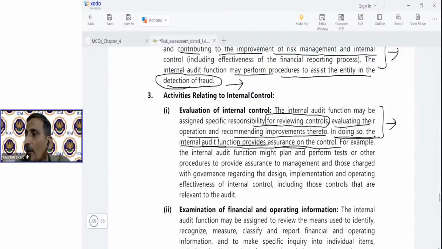So many of you are writing risk of misstatement could be low. The auditor can rely upon internal control. Statutory auditor can rely on internal auditor and plan his substantive procedures. Yes, well done guys. Good. Yes, Neeraj, you are also right.